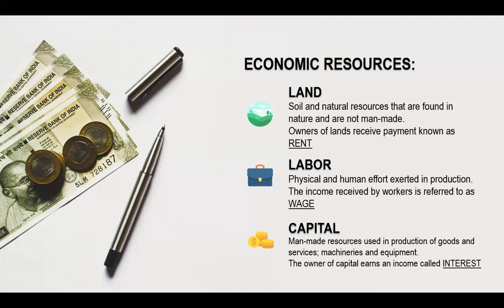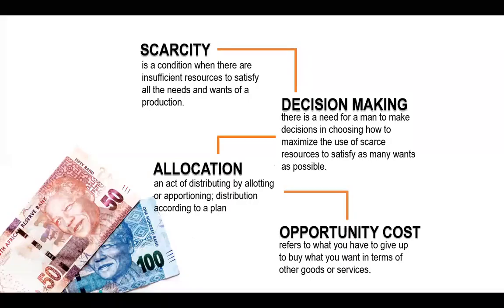We said that economics is the study of how we choose to use limited resources to obtain the maximum satisfaction of unlimited human wants. For us to fully understand this definition, let us identify the other things associated with economics. Let's start with scarcity.